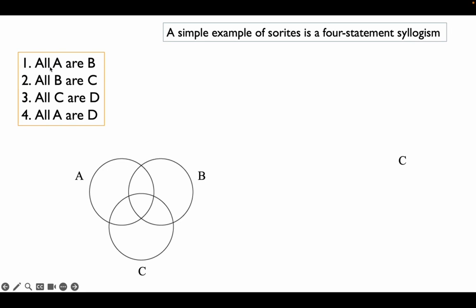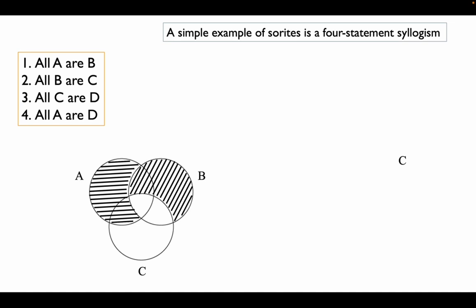So let's diagram the first one. All A are B. And then the second one, all B are C. Now, here's the tricky part. You have to look at the diagram and you have to derive a conclusion. Or in other words, by looking at this diagram, what conclusion can you draw?